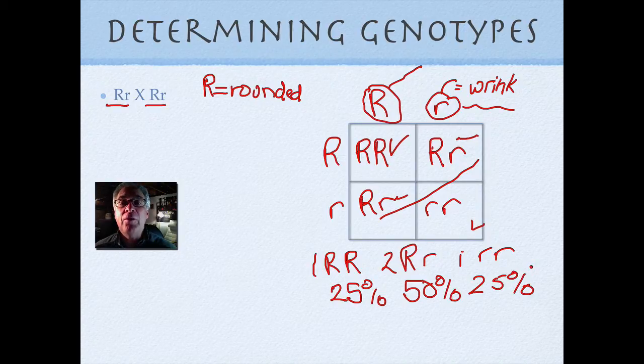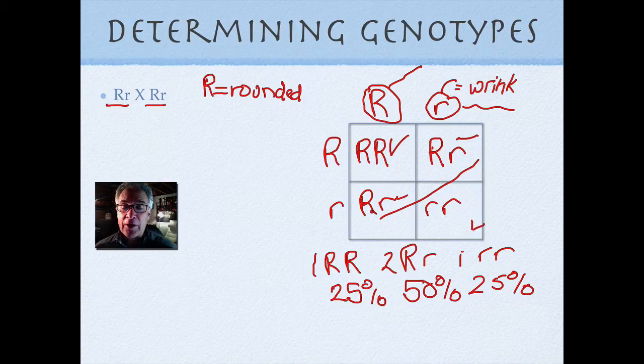Now, another way of looking at this is if we take it a little bit further and look at just the phenotypes, in other words, the physical characteristics. For instance, how many of these offspring are going to produce rounded seed? Well, we know that big R is dominant.